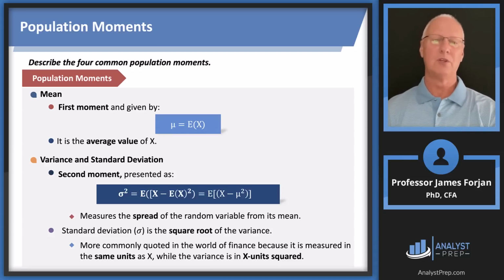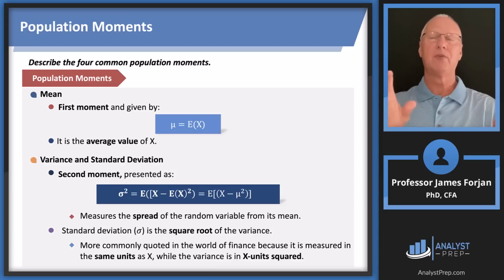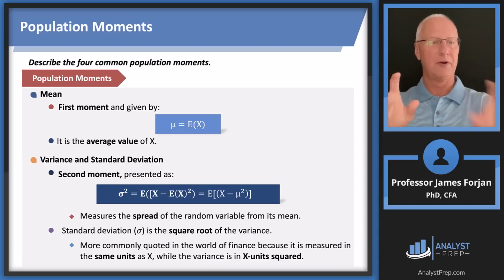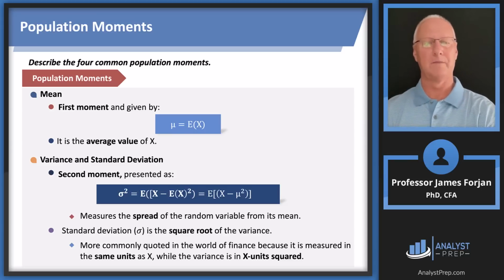So all we do to compute that second moment, the variance, and remember the standard deviation is the square root of the variance, is we say something like, okay, we expected to get 10% and we got 13%. Let's take the difference between those two. So 13 minus 10, that's 3, and then we square it. And then we add up all those kinds of things, and we take the square root, and we get the standard deviation.